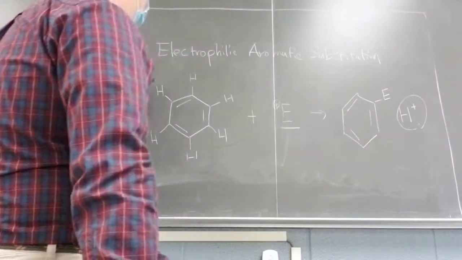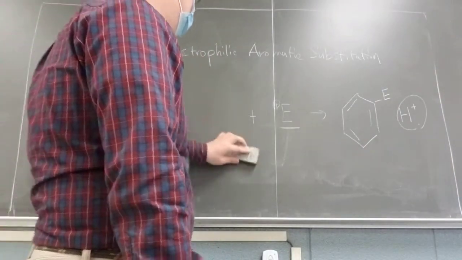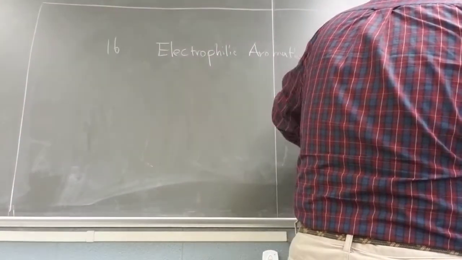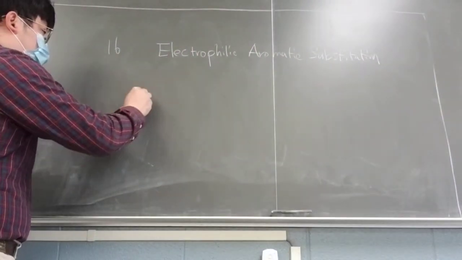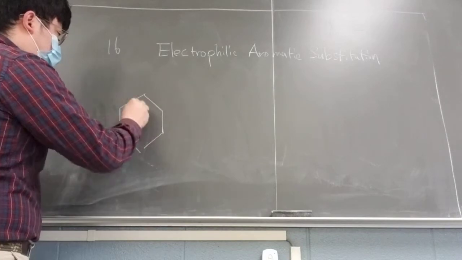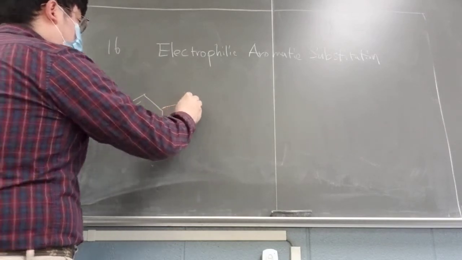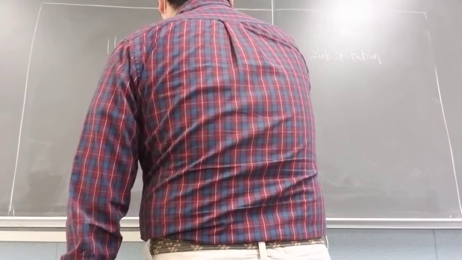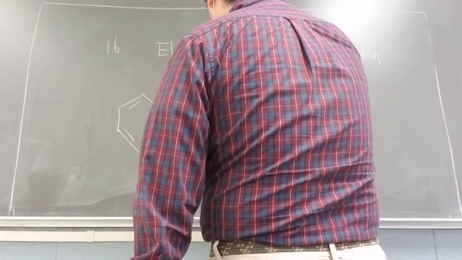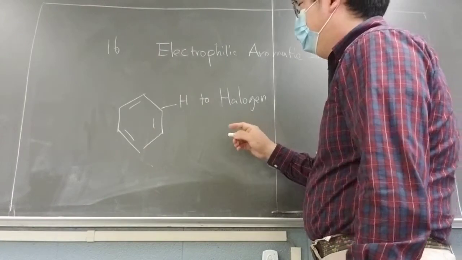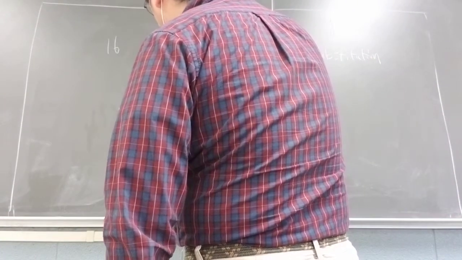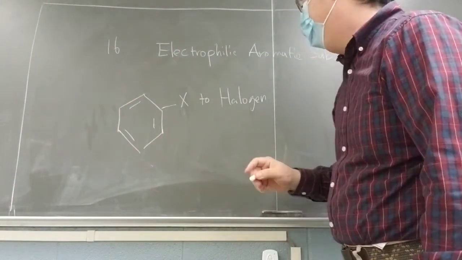And if that is happening, there are several things we can do. If you replace this hydrogen with a halogen, we can replace it with the next element, the halogen element.